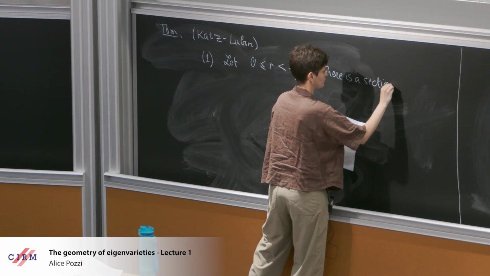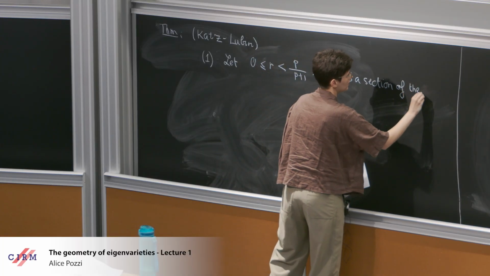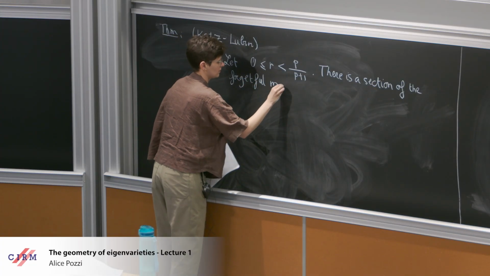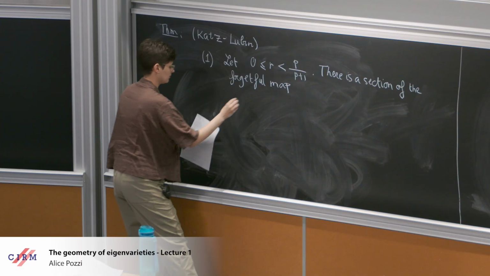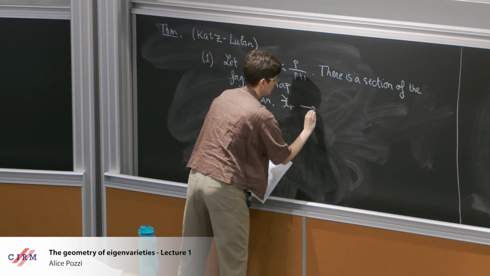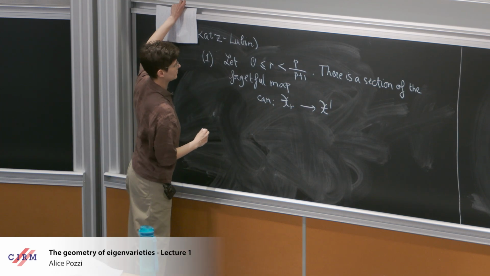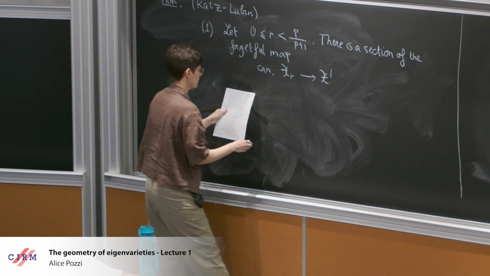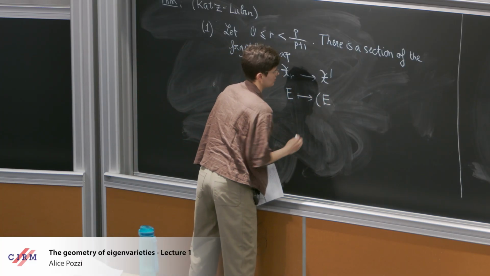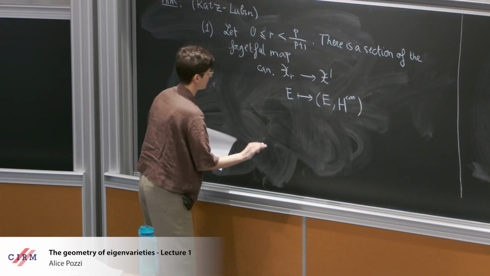of the natural forgetful map, that is called canonical, which maps to X prime and takes E to the pair of E and some subgroup that is by definition called the canonical subgroup.